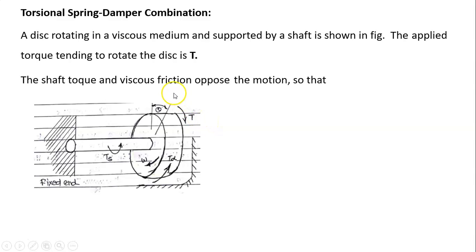Therefore, the shaft torque and viscous friction torque oppose the motion, so that now the summation of the torque is given by T minus Ts minus Td is equal to J alpha. This J alpha is nothing but inertia torque. We know that alpha is the angular acceleration, which is d2 theta upon dt square.